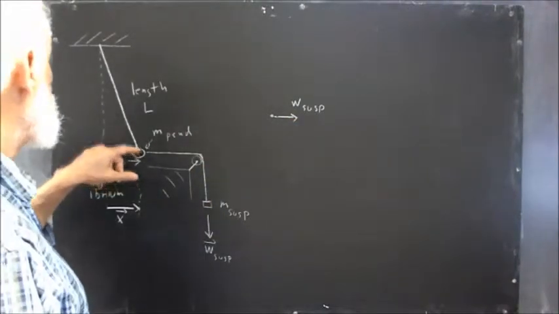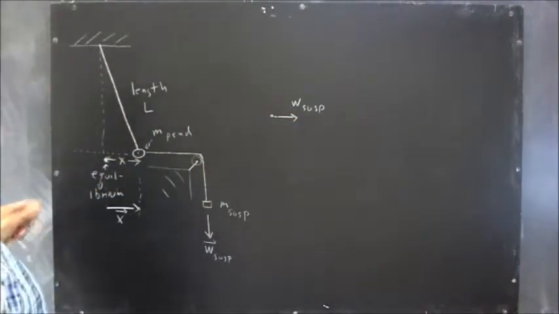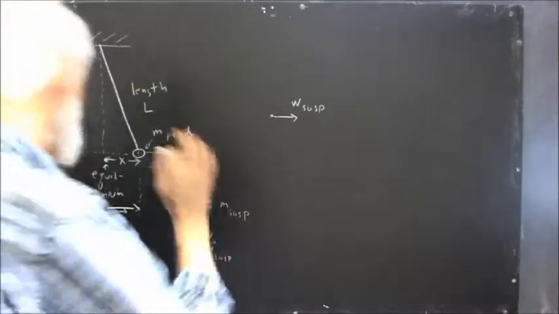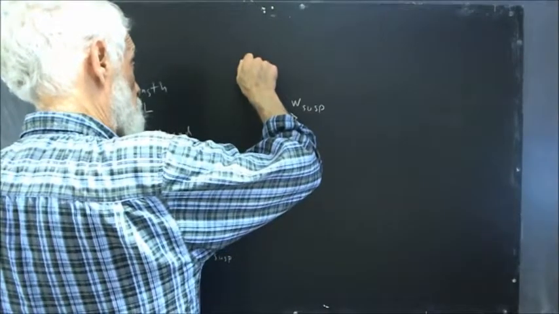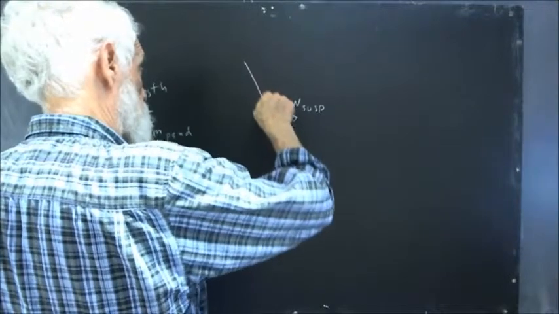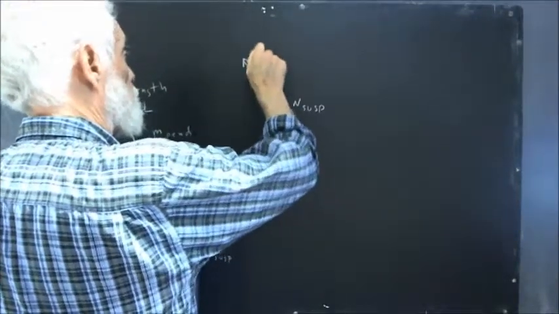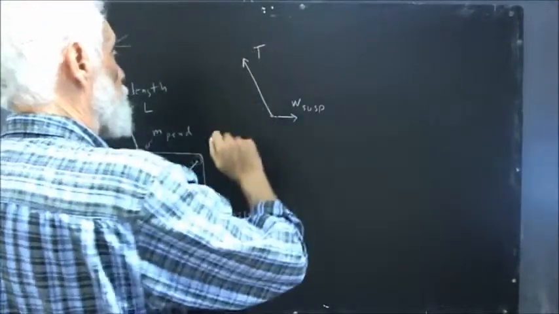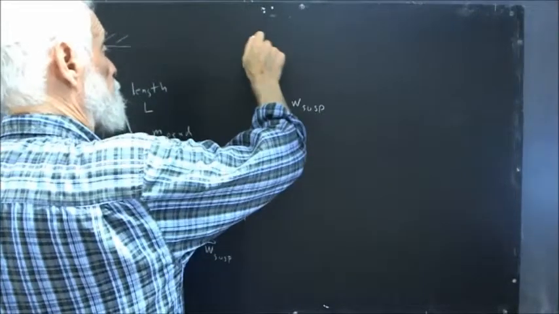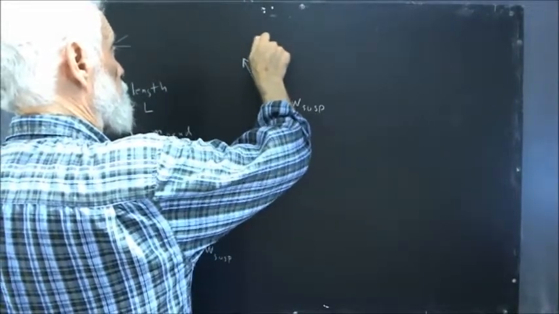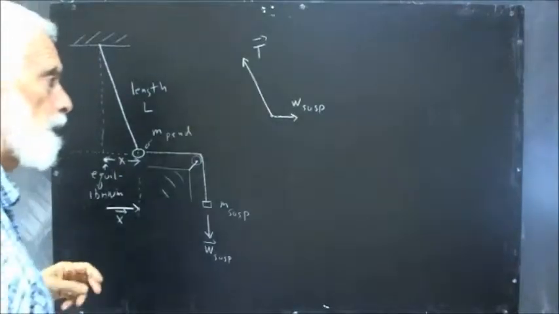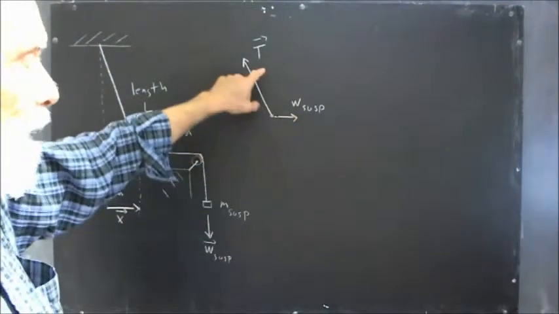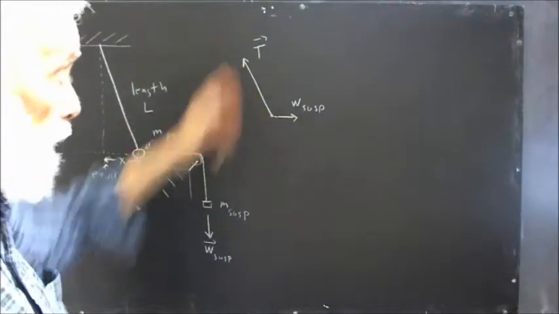We have the tension in the pendulum string, which I'll just call T. I put an arrow over T to indicate that it's a vector.